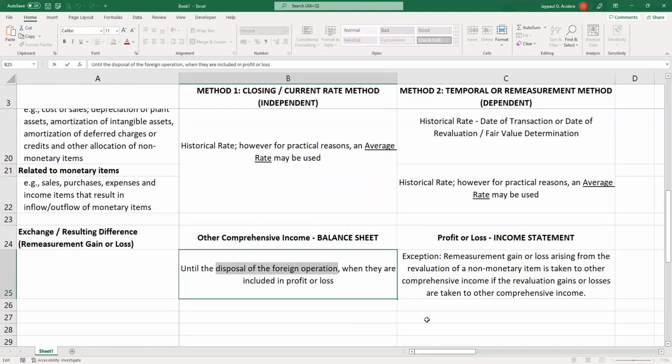So for example, nagsara na or binenta na, or for whatever reason na madi-dispose siya, okay, then that's the time that you're going to transfer the OCI na remeasurement gain or loss going to the P&L. Okay?